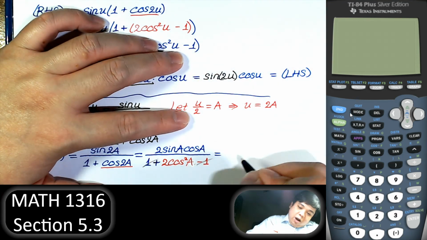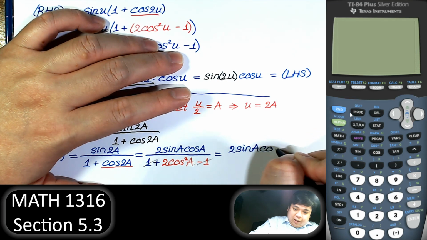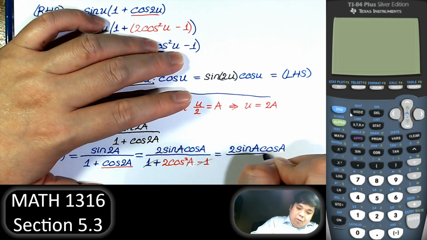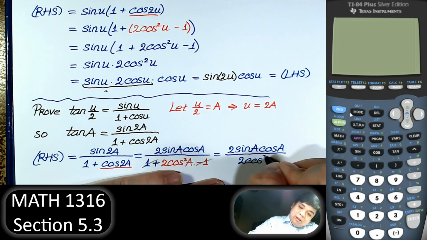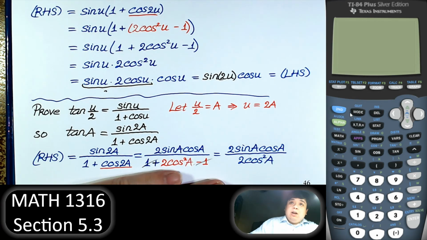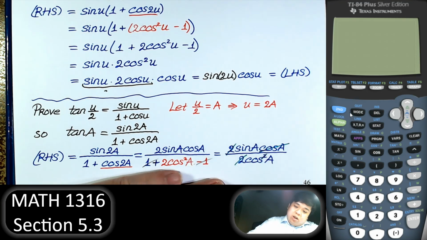So on the top we have 2 sine A cosine A. The bottom we have 2 cosine square. We can cancel the 2. The cosine square cancels with the cosine on the top.